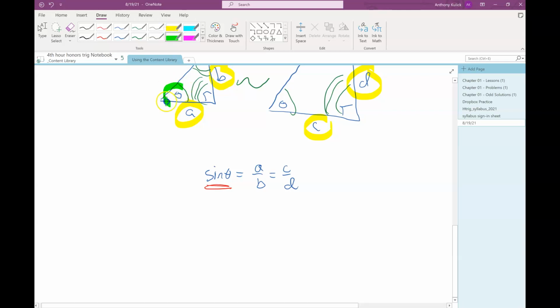This angle theta, the way we've defined it right now, has to be acute, because we can't have a right triangle with another angle that's 90 degrees or bigger, since you can't have a triangle like that. Everybody's good with that?